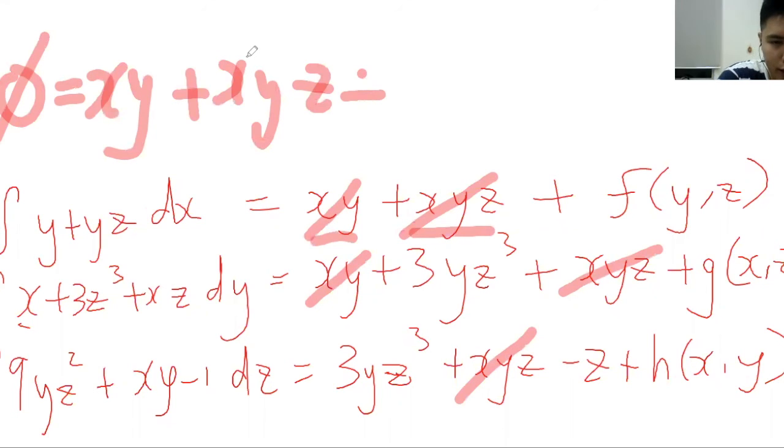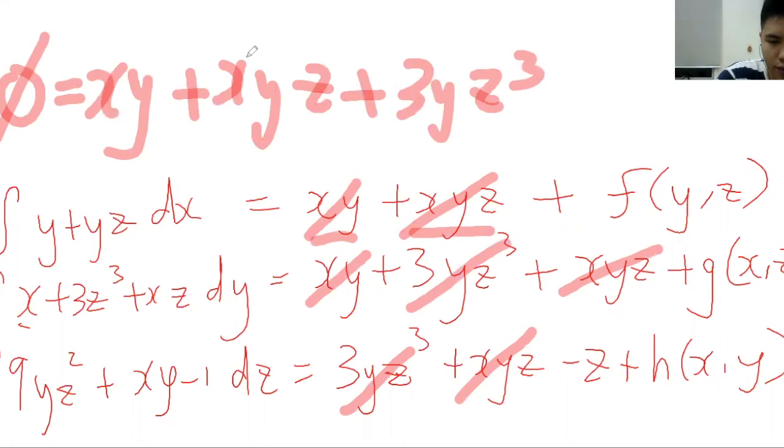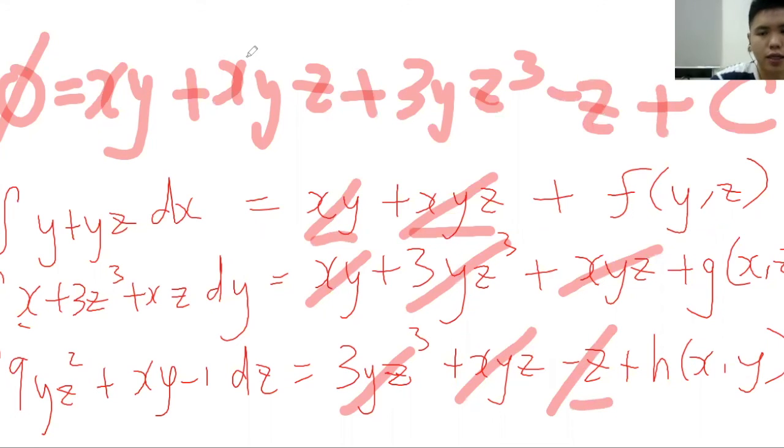And here plus 3y z cubed, and then minus z. And then the rest will be nothing but just a constant. And that's it. Finding the potential function is quite straightforward. The steps are not so complicated, but you just need to remember the method on how to find the potential function. All right, see you.